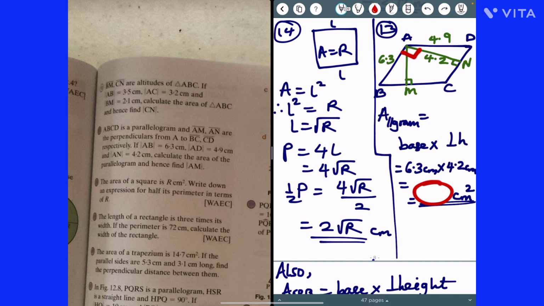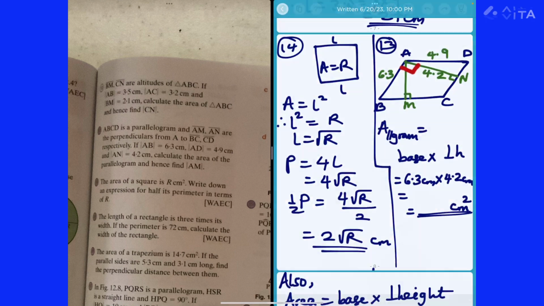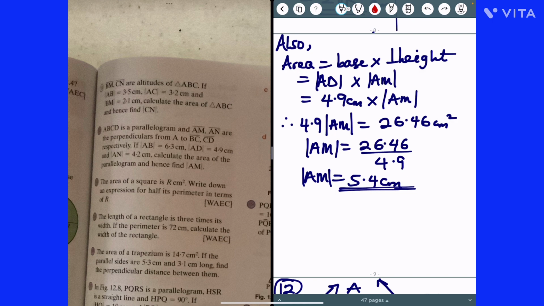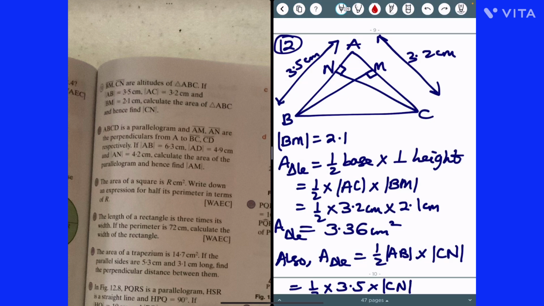Now, take note. The question also says I should find AM. So I will now go back and say AM is the same thing as what?